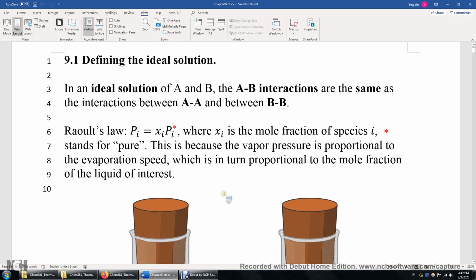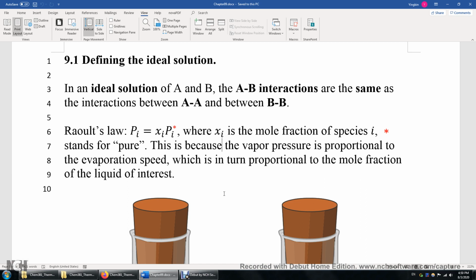That's it. For example, if we mix 1 mole water and 1 mole ethanol together, assuming it's a nearly ideal solution at room temperature, we know pure water has a vapor pressure of roughly 0.032 bars at room temperature.